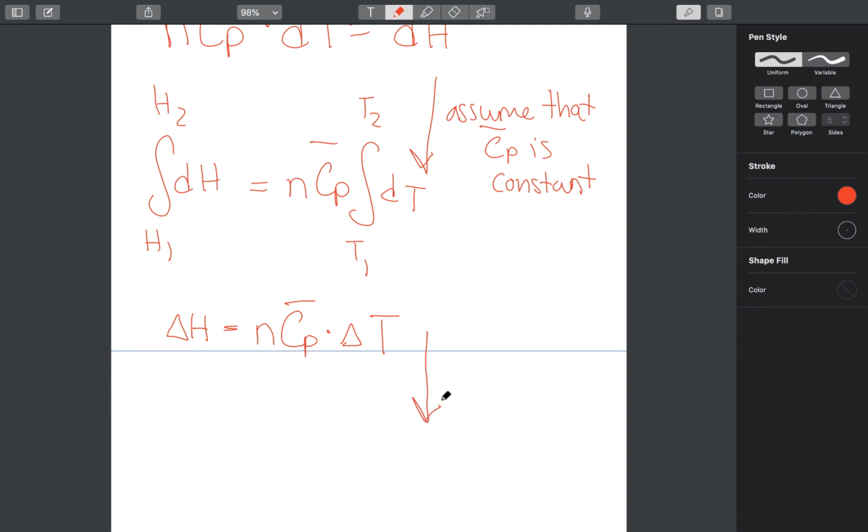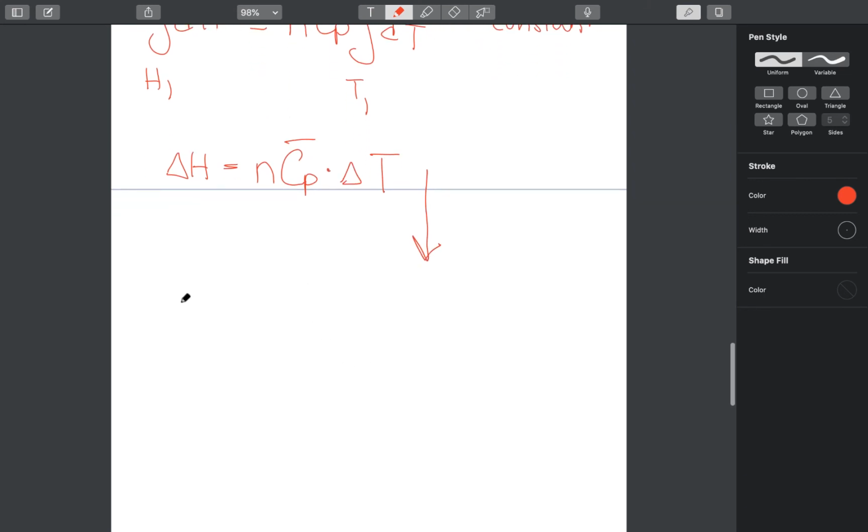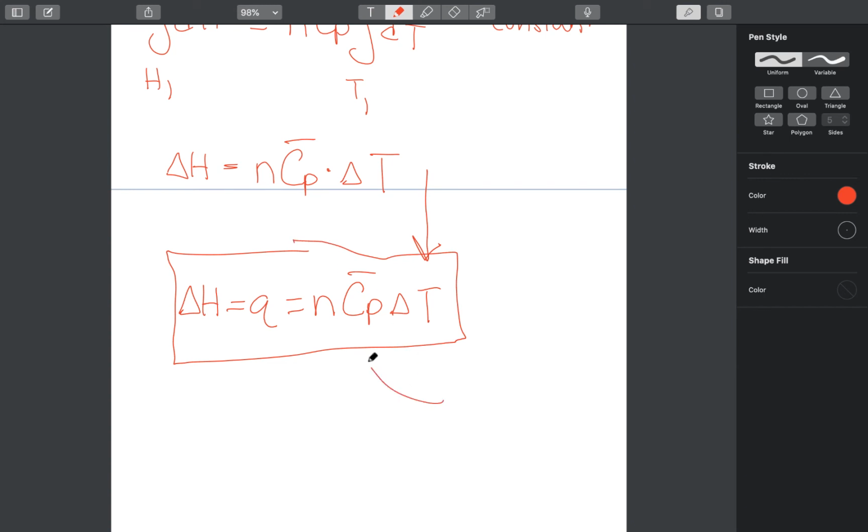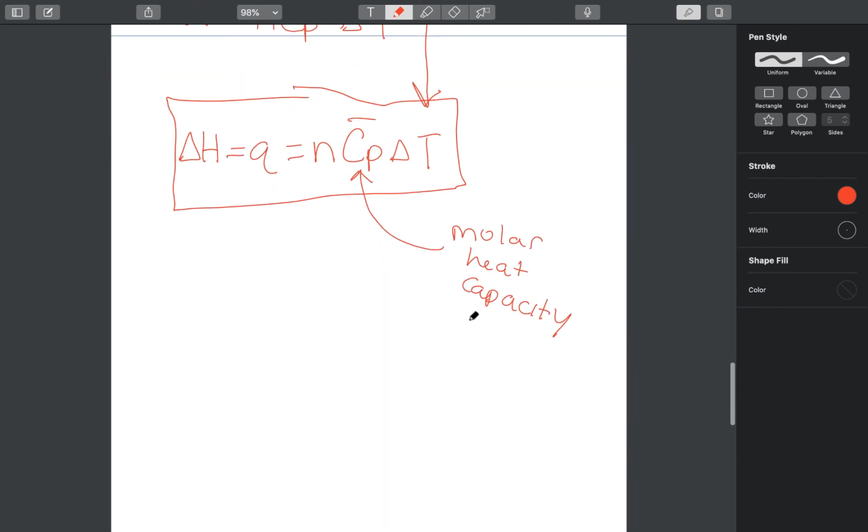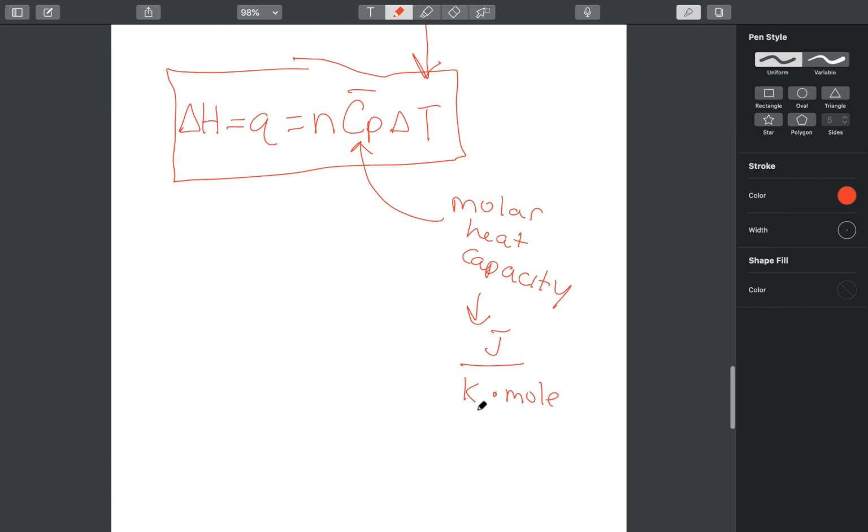So therefore, delta H is equal to Q, which is equal to n Cp bar change in T. Now remember that this is the molar heat capacity, and this has the units of joules per Kelvin times mole, or Celsius. It could be Celsius as well.